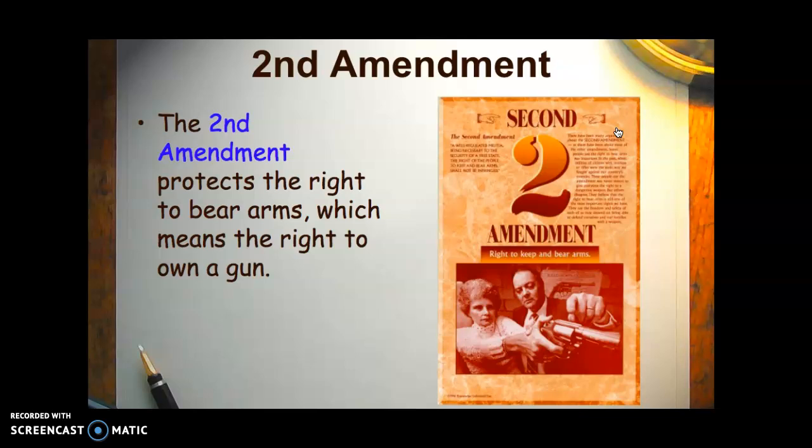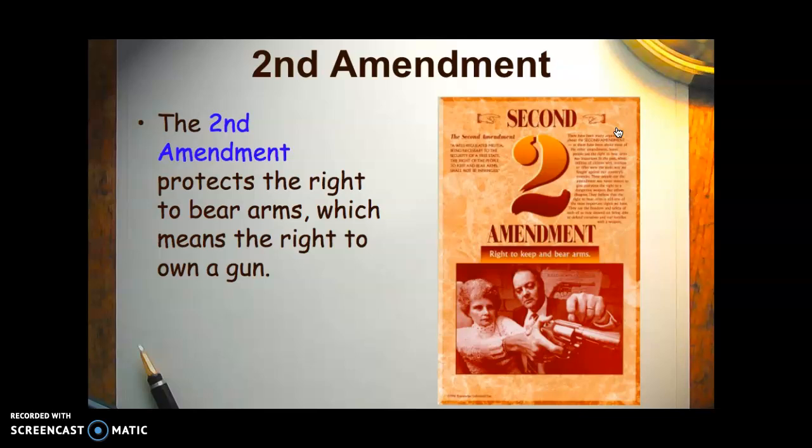And so that is one of the most famous amendments, and of course is another right that was born out of the American Revolution, when the British troops marched on Lexington and Concord to seize all the weapons in the arsenal so that those weapons could not be used against the British troops or the British government.